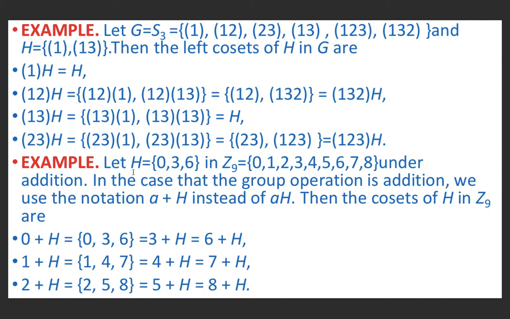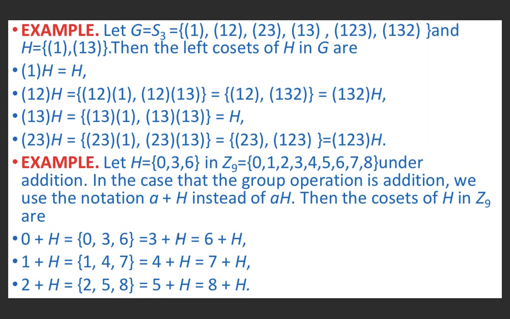So one more example. If we take H equal to {0, 3, 6} in Z9 equal to {0, 1, 2, 3, 4, 5, 6, 7, 8} under the operation of addition, in the case that the group operation is addition, we use notation a plus H instead of aH. Then the cosets of H in Z9 are: 0 plus H, which means {0, 3, 6}.